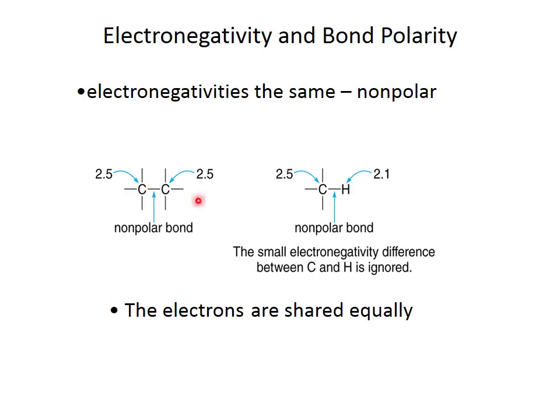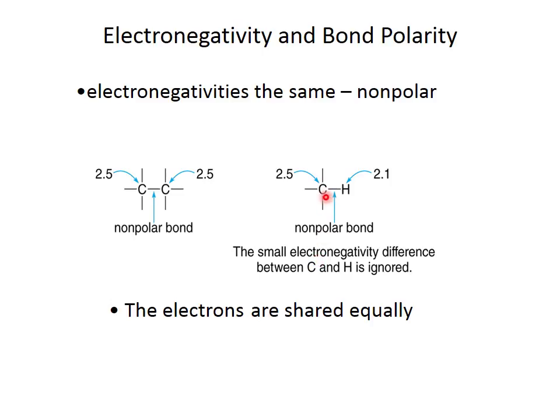They're shared equally. Now, your book says that carbon and hydrogen have a nonpolar bond because the electronegativity difference is very small. This electronegativity difference is small, although we will see electronegativity differences this small and consider them to be polar in chemistry. Really, what's more important is whenever we have carbon and hydrogen bound to each other, you have a lot of symmetry in the molecule right there.